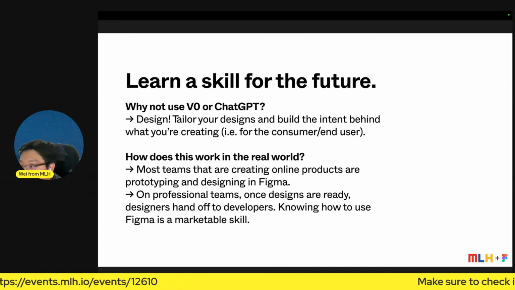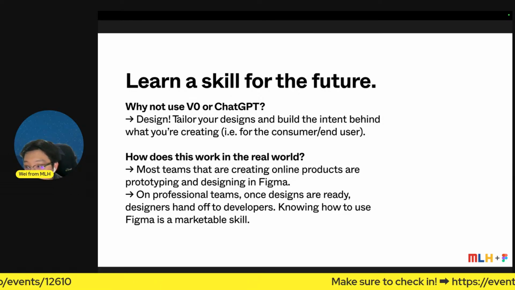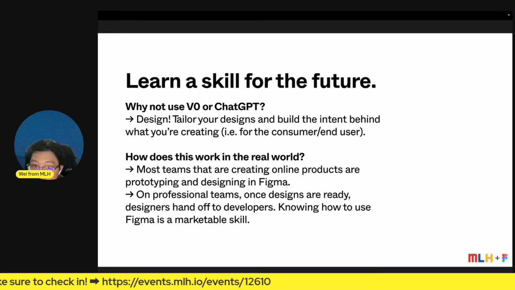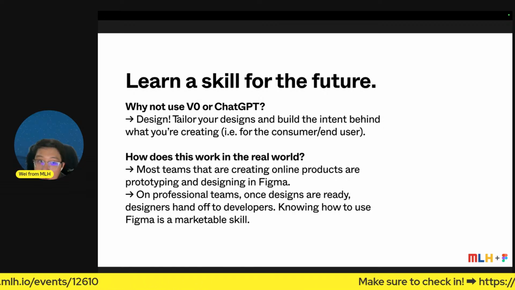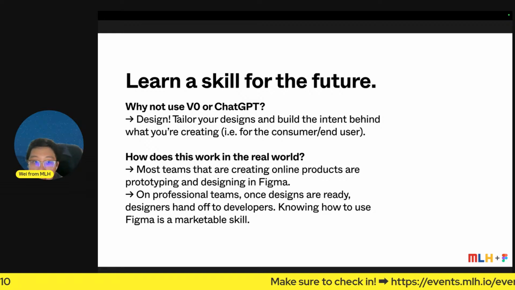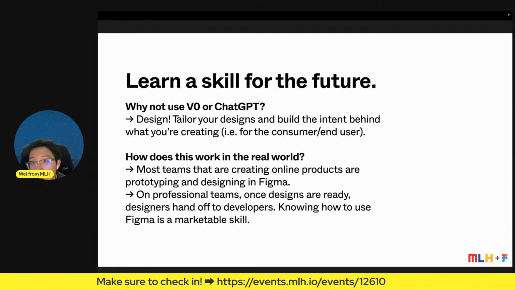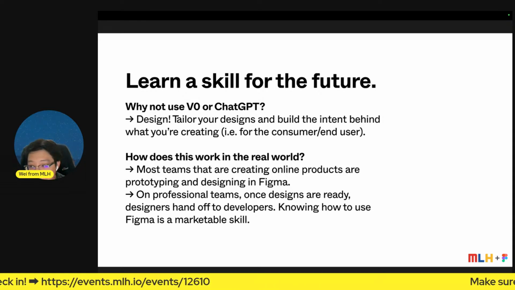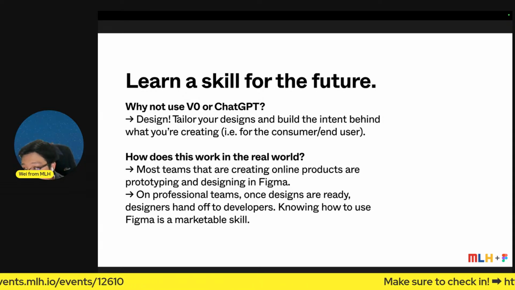Now, you may be asking, like, why not use V0 or ChatGPT? V0 is, if you haven't heard of it, an AI UI builder using a prompt. And same with ChatGPT, you can use a prompt to create designs. Why not use it? And the reason is design. You want to make sure you create a coherent design for your brand, for your company, for your project.